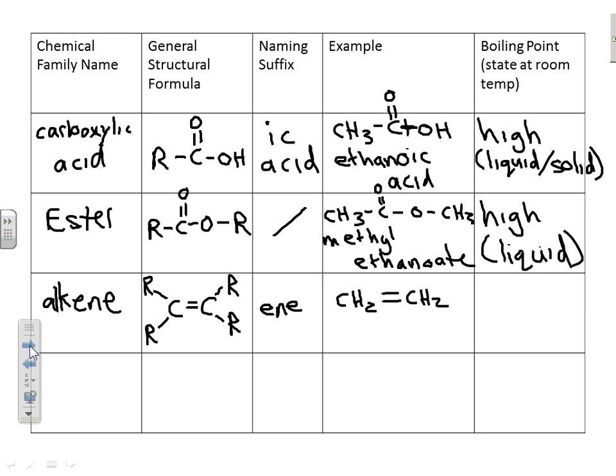It's an old naming system. It is valid. But we're now going with ethene. We got rid of the yl. Ethene. Don't forget, if we've got something greater than 4 carbons, you need to put a number, right? You either have 1-butene or 2-butene. These guys have very low boiling points. They are gases at room temperature.